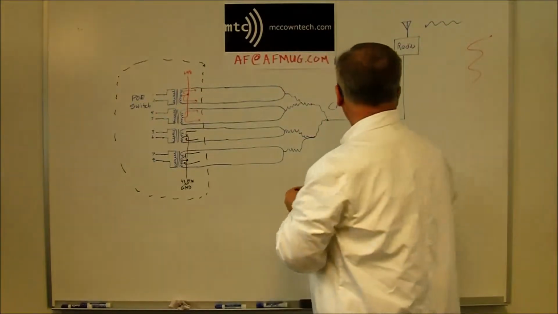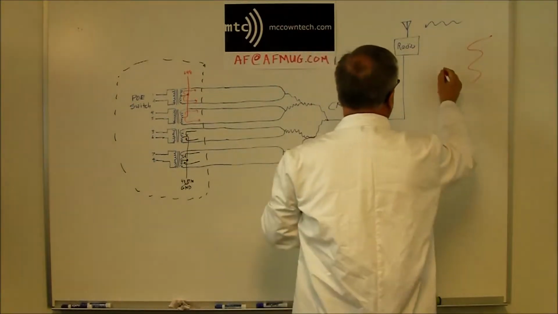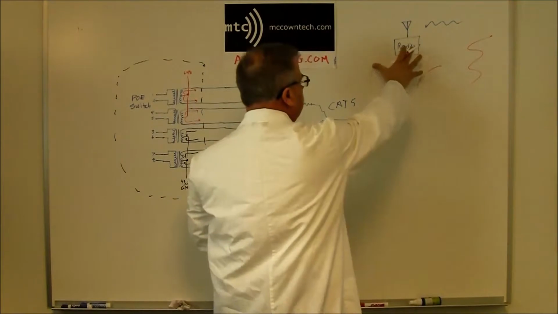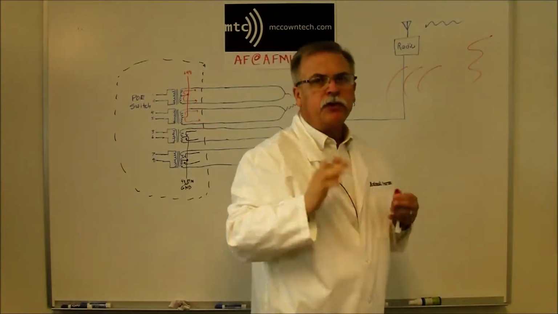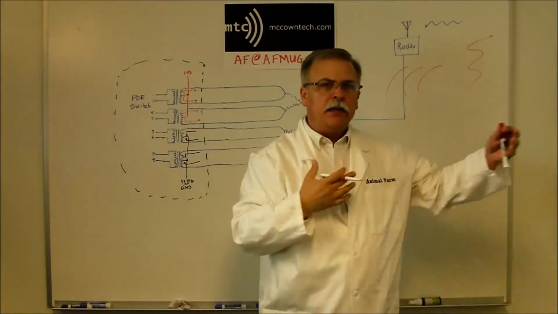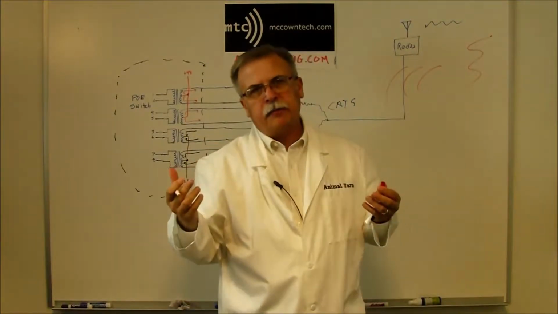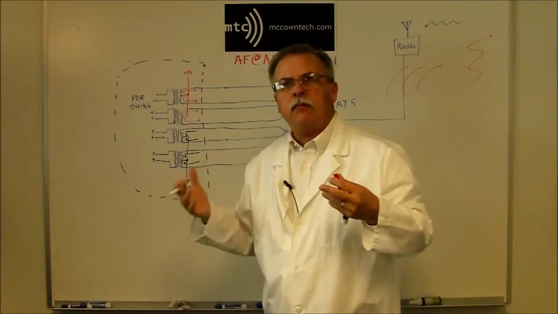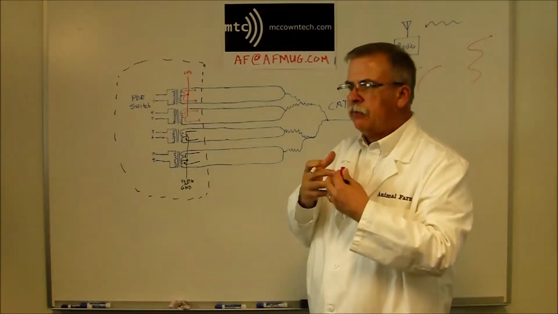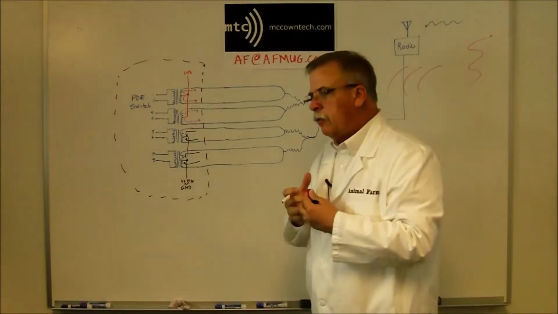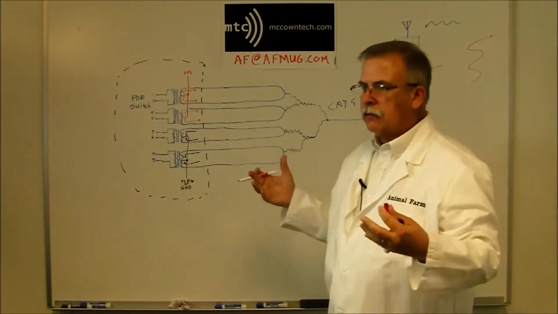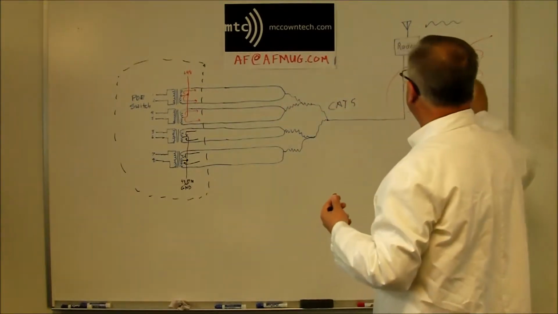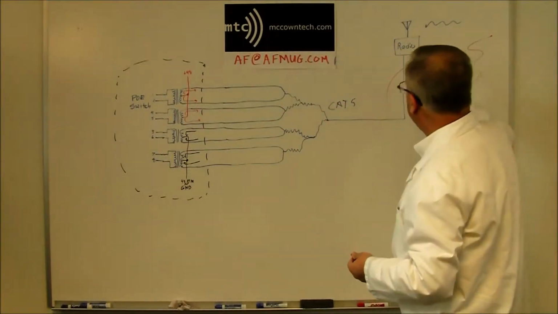The voltage that's induced on the wires in this Cat5 cable is proportional to the length of the wire and the nearness of the strike. I guess it would also be proportional to the current of the strike, because current and magnetism are directly proportional to each other. But we're talking 50,000, 100,000 amps. It slings out this big old pulse, and it jumps on the cable.